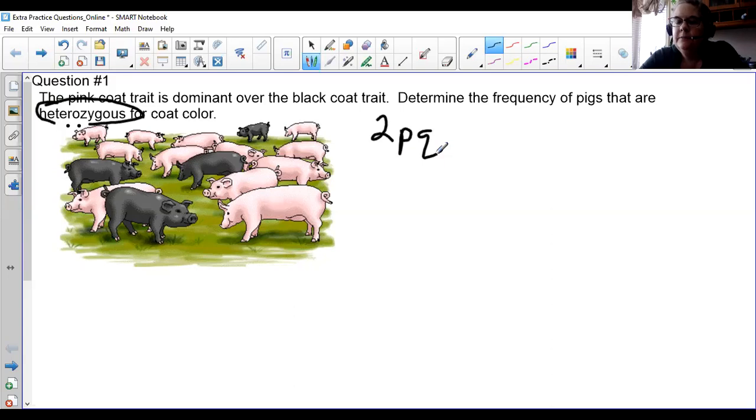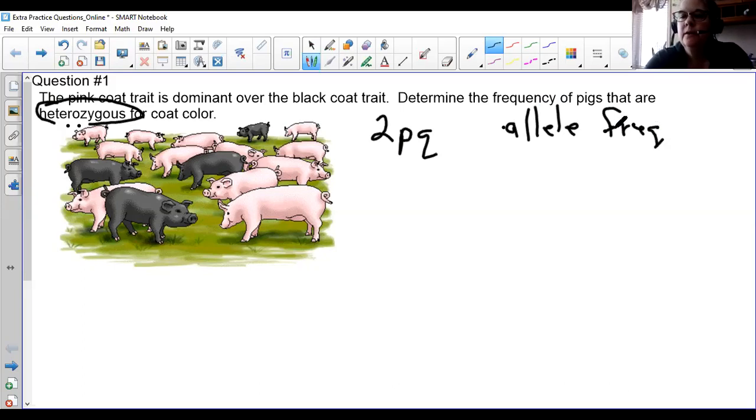Now, when I'm doing these problems, like it says in your notes, my problem's either going to start with an allele frequency, or my problem's going to start with a Q squared. Those are the only 2 ways these problems can start. So either an allele frequency or a Q squared?